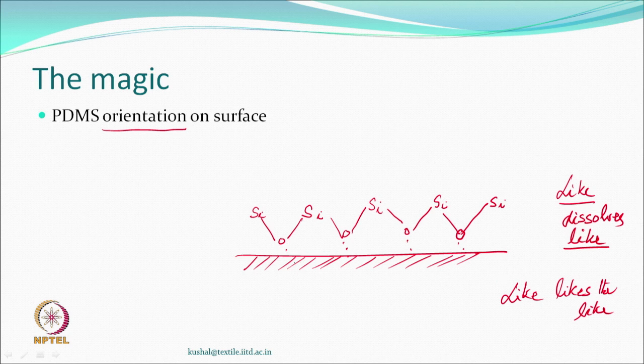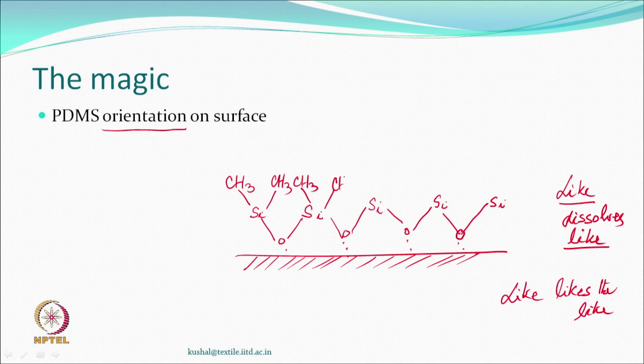If you have more polarity on the surface of a textile and this group also is polar, then the possibility is that you have a CH3 group here and a CH3 group here, and a CH3 and CH3.